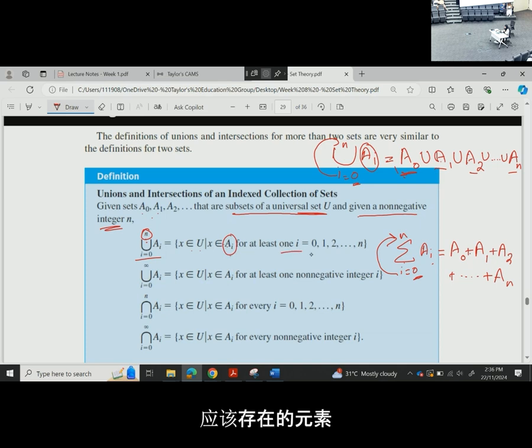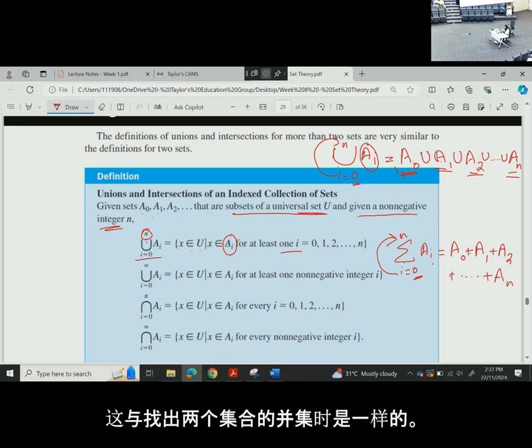So what does it mean? That the element should be present in either of these subsets. So the same rule for union, okay? It's the same as when you find the union of two sets.